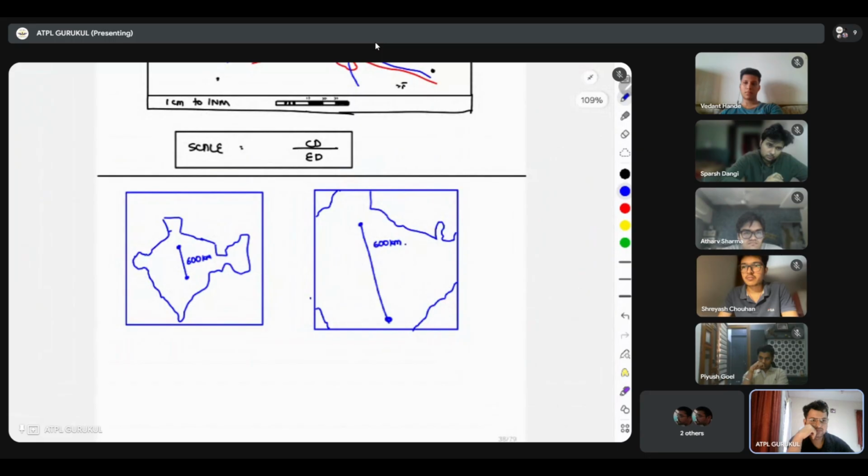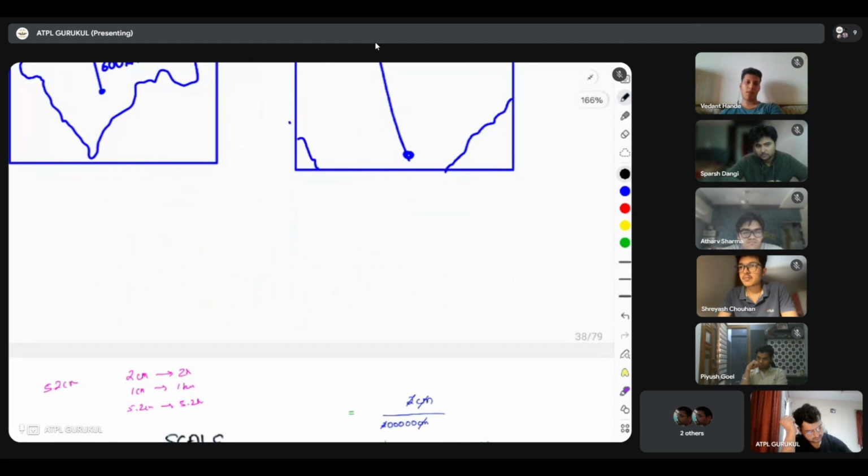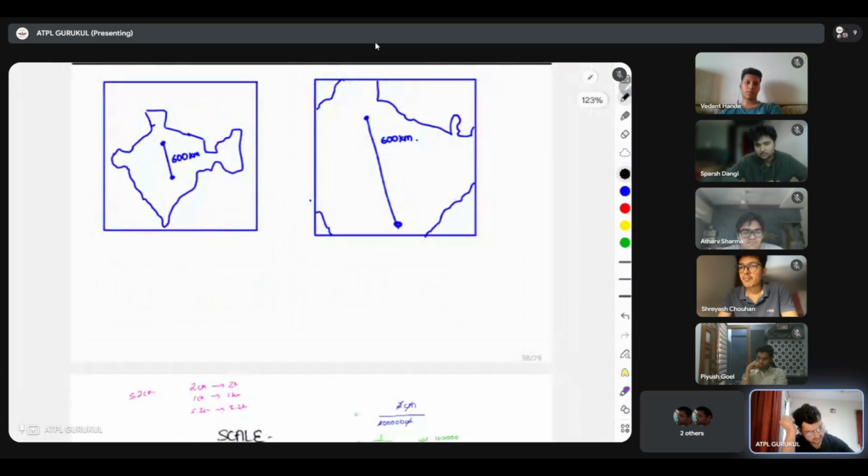Okay, whose chart distance is more? The second one's chart distance. So let's say this chart distance is 6 centimeters.